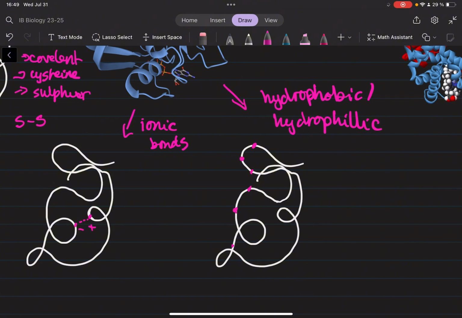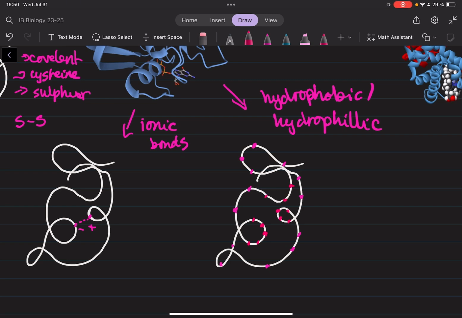So if we have, let's say we put this protein inside of water, which is a polar substance, you would get the hydrophilic amino acids on the outside, and then you would get all the hydrophobic amino acids on the inside.